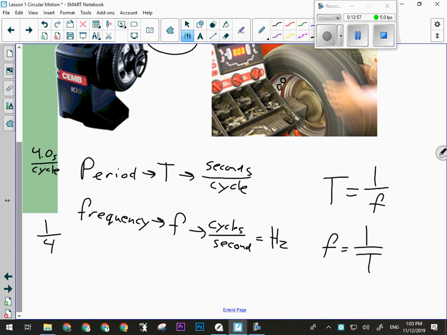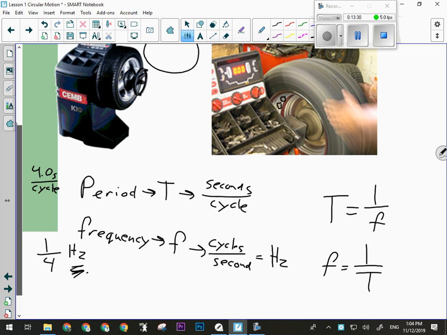It'd be one cycle every 4 seconds, but it's actually going to be 1/4 hertz. Because if it takes 4 seconds to make one complete cycle, it only makes 1/4 of a cycle per second. After 1 second, it'll have only made 1/4 of a cycle, 0.25 hertz, or 1/4 hertz.